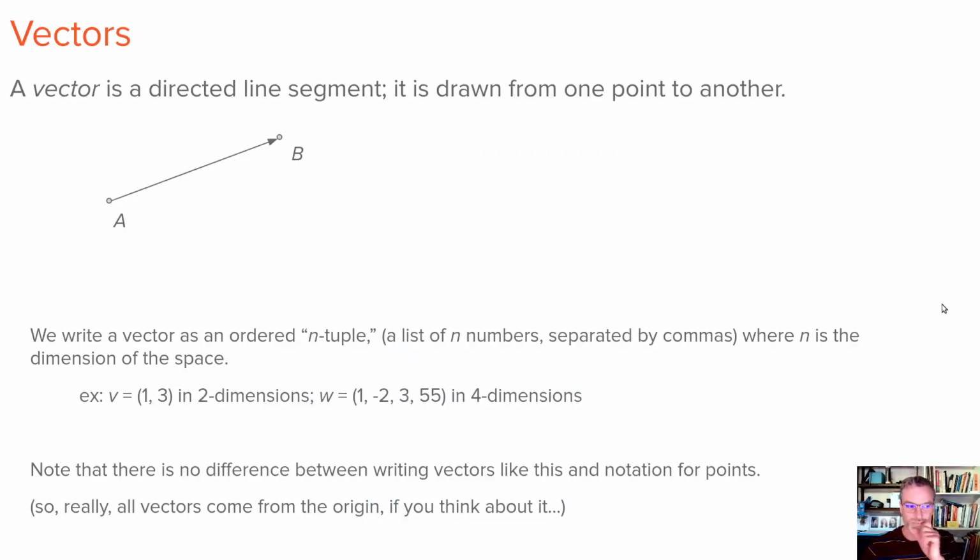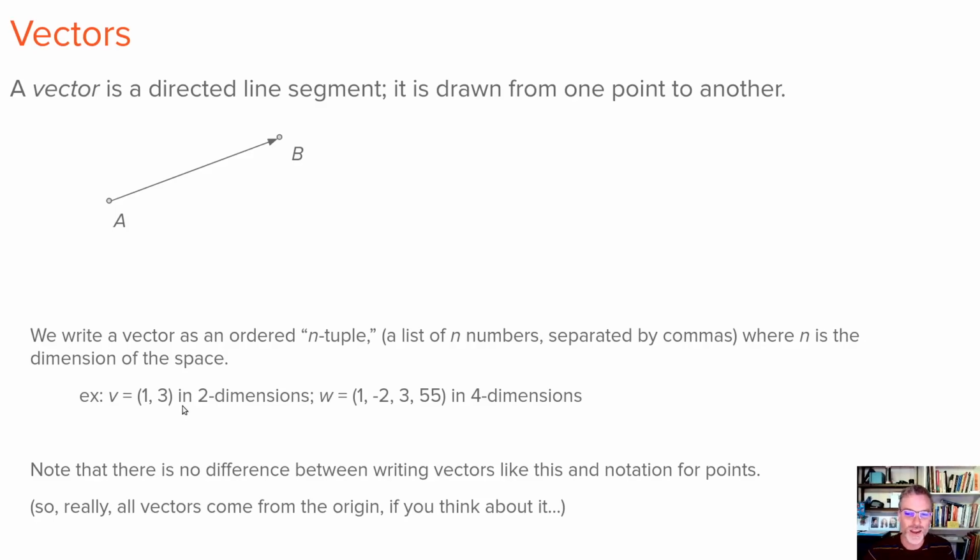Moving on, you've probably encountered vectors before in some way. If you think about how vectors are written, they're written just like points are. If you look down here, v equals 1, 3, that's a vector in 2 dimensions. This is a vector in 4 dimensions. But you notice, they're actually written the same way that points are.